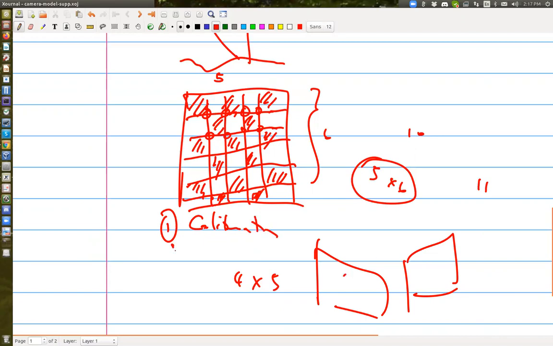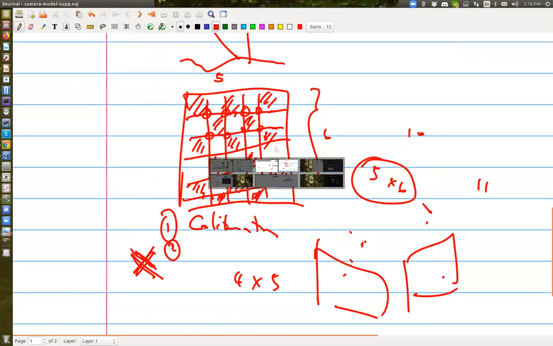Then we need to find the correspondence, the points in space corresponding to the two scenes. In this assignment, we assume the correspondence is already done, so we don't need to care about it. I give you a list of point coordinates from the left view and the right view, and the calibration is more or less done as well.